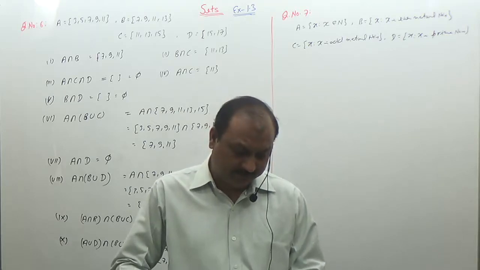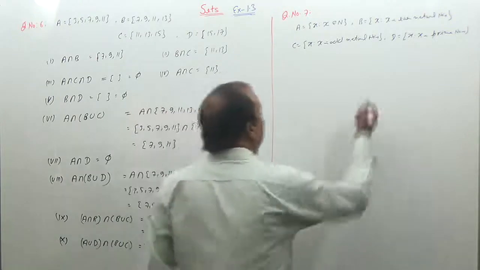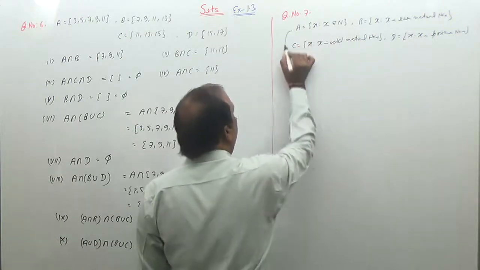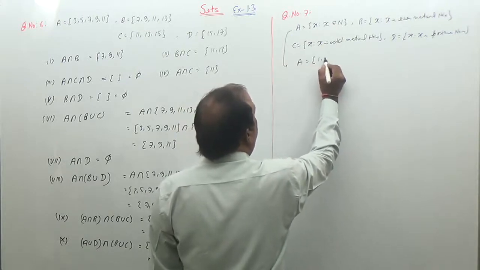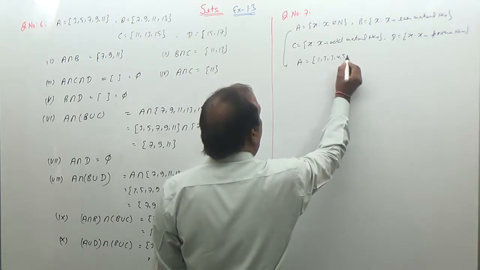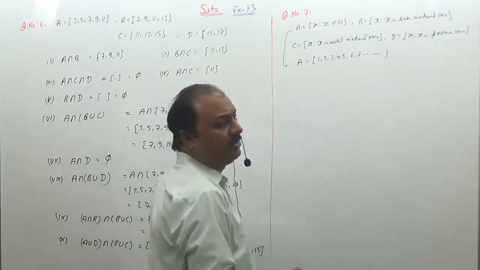फाइंड, तो यहां पर 4 सेट्स हमें गिवन हैं. अगर इन सेट्स को हम रोस्टर फॉर्म में लिखें तो मीनिंग ऑफ द फर्स्ट सेट इज 1, 2, 3, 4, 5, 6, 7, 8, 9 अप टू infinity.